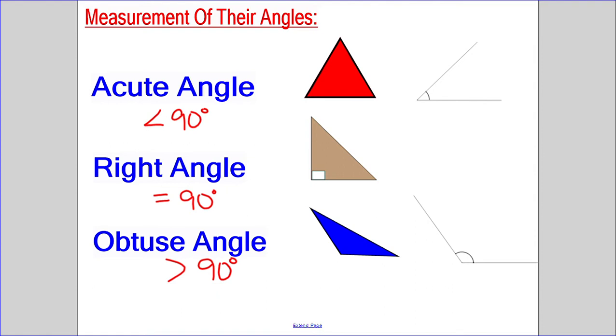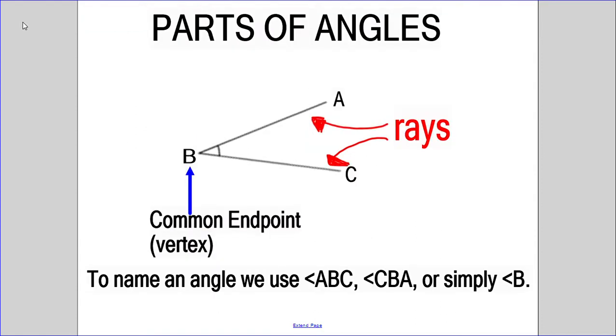The obtuse angle would be right here, our acute angle would show up in any of the 3 angles that we have, and our right angle is normally denoted by that box that tucks within a corner to show that it's 90 degrees.